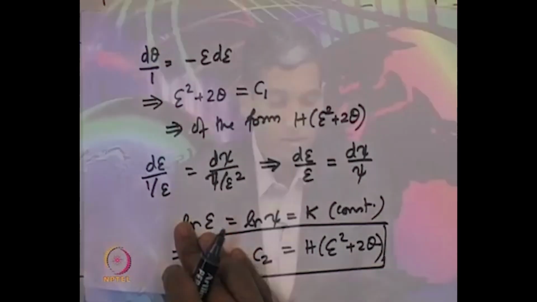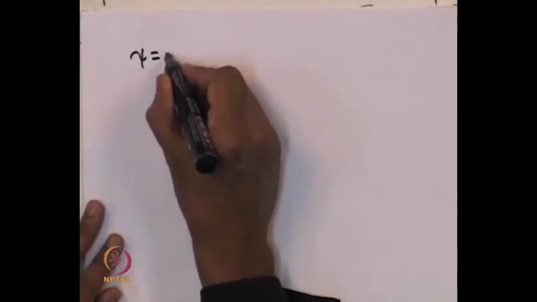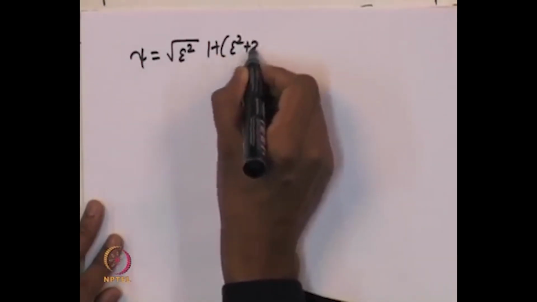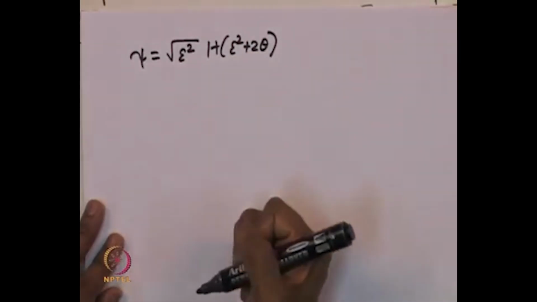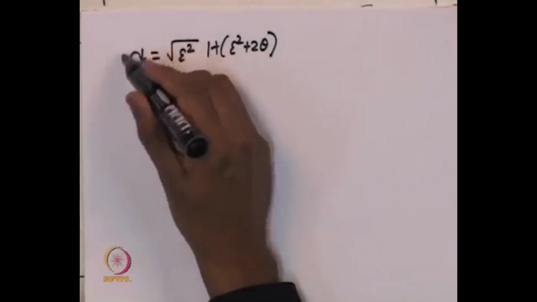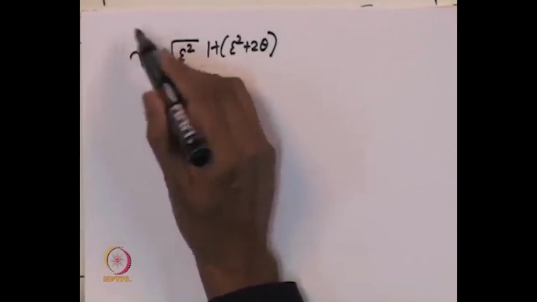Next we can see how to take this forward and find the distribution profiles. We can rewrite the relationship between psi and epsilon as psi equal to square root of epsilon square into h of epsilon square plus 2 theta, in order to obtain the final distribution, which is present in the definition of psi.